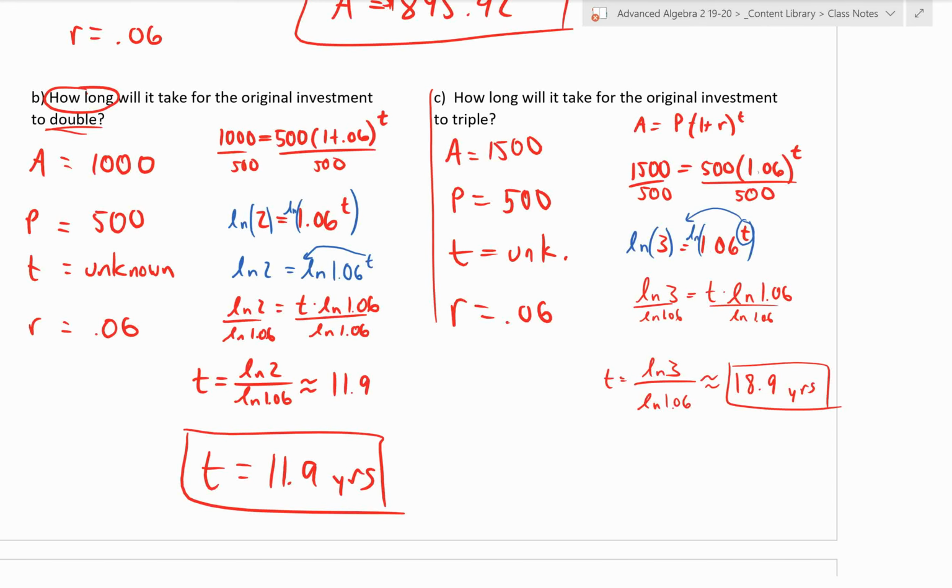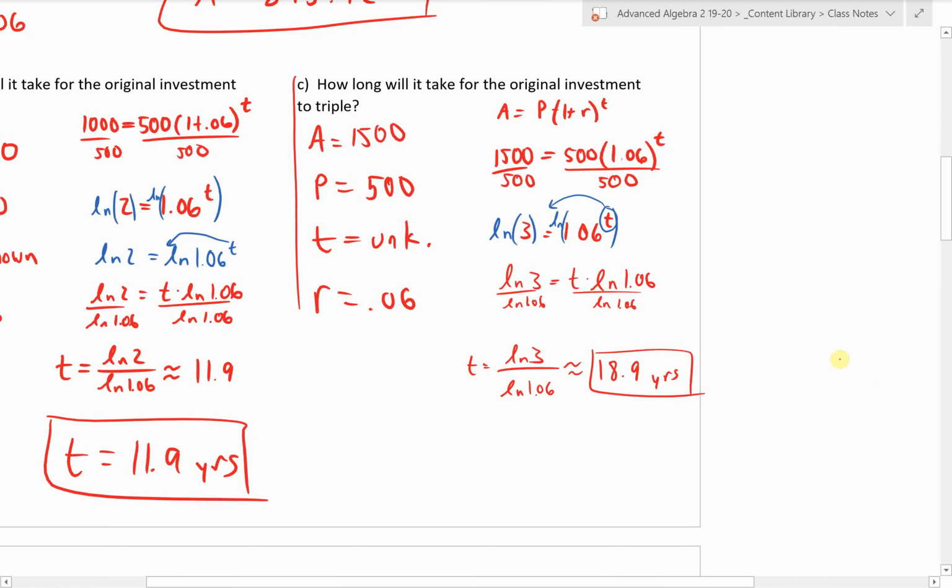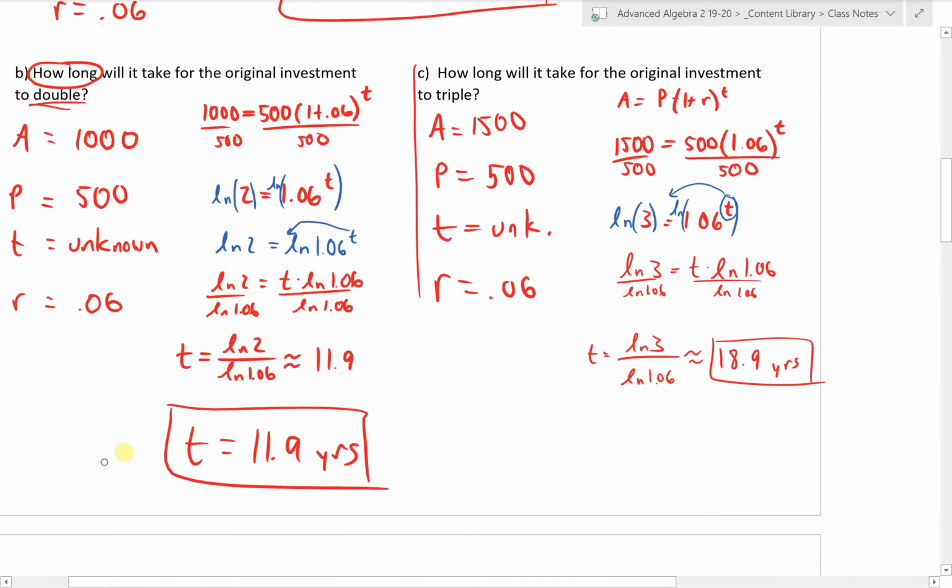It takes less and less time to grow by the same amount, versus a linear function where it's constantly taking the exact same amount of time to grow by the same amount. That's a linear growth function. An exponential growth function is exactly what we're seeing here. We'll grow by $500 in 12 years, but then it will only take us 7 years to get the next 500, and it will only take us another 5 years to get the next 500, and it'll be a shorter and shorter amount of time to grow by $500 each time we do it.